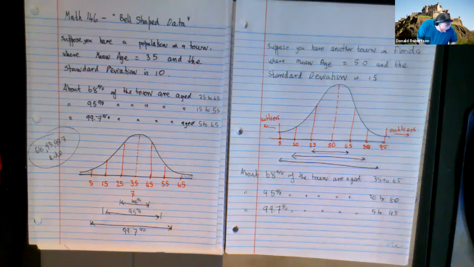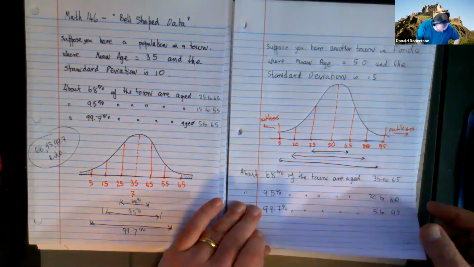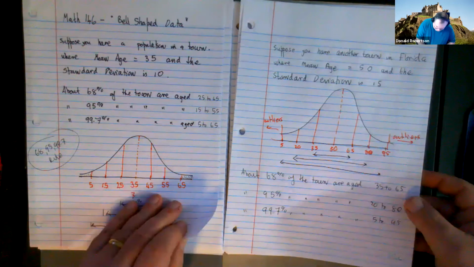Right. Now I'm going to show you a more complex version of that same thing. So I'm going to do IQ scores because that gives me nice, easy numbers. The average IQ is 100, and the standard deviation is 10.